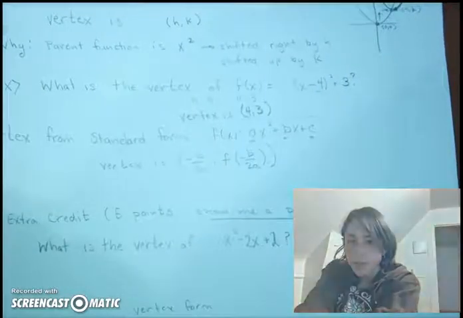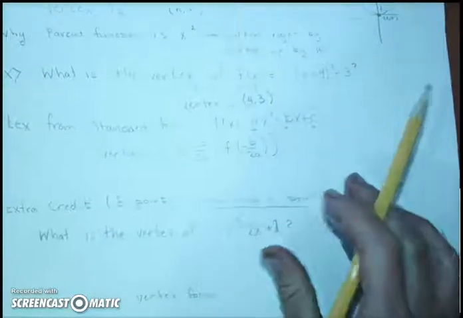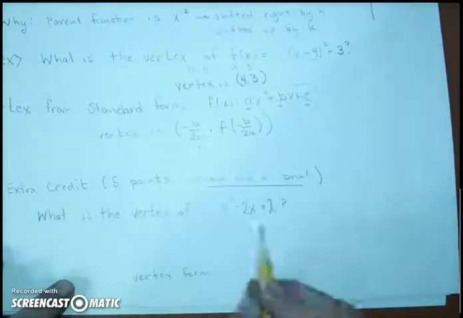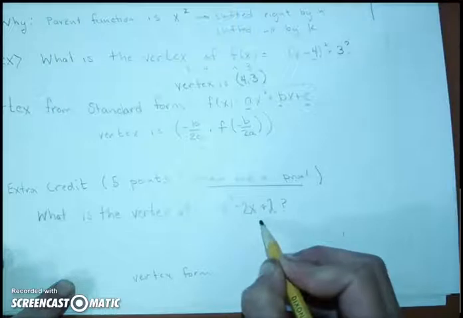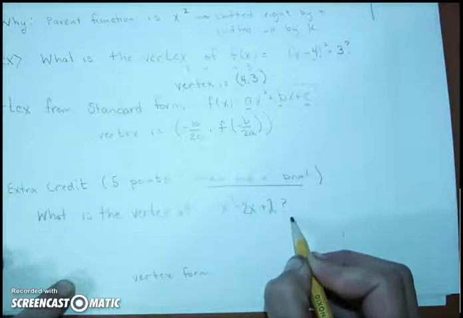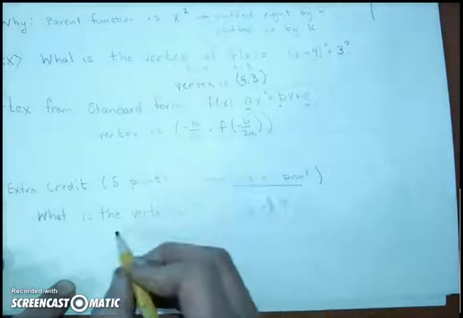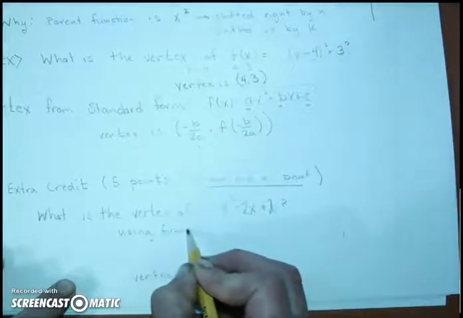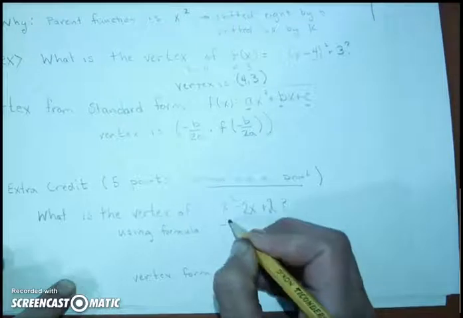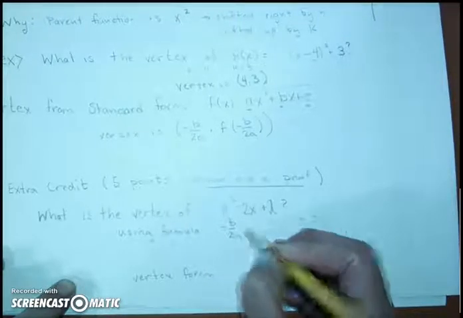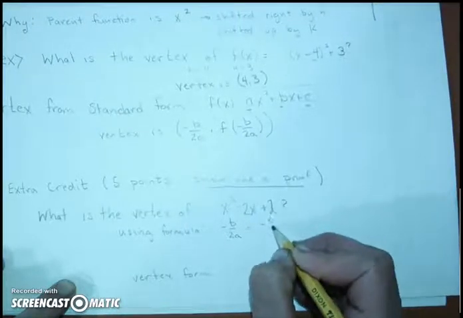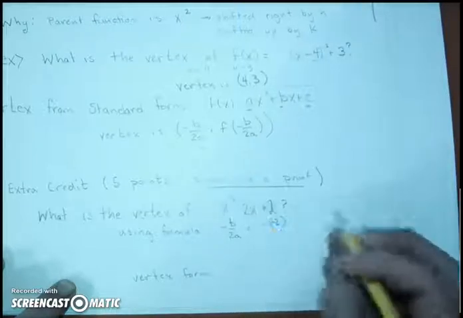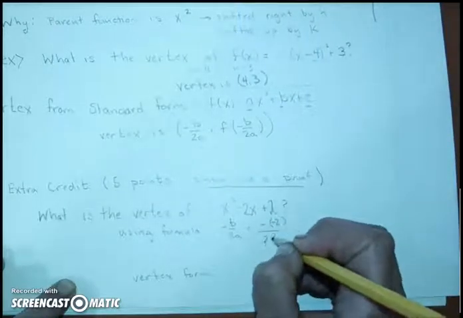So let's do another example so I can convince you that this formula actually works. We want to know what is the vertex of x squared minus 2x plus 2. So I can use the formula. Negative b over 2a is going to be negative, negative 2, because b is negative 2, over 2 times 1.